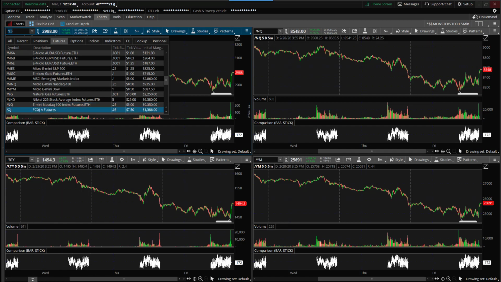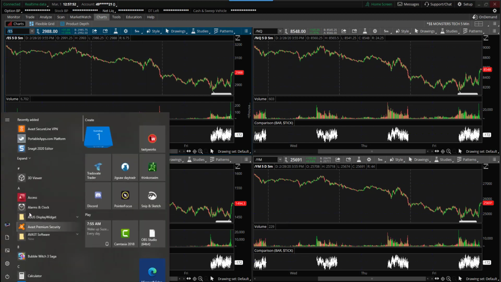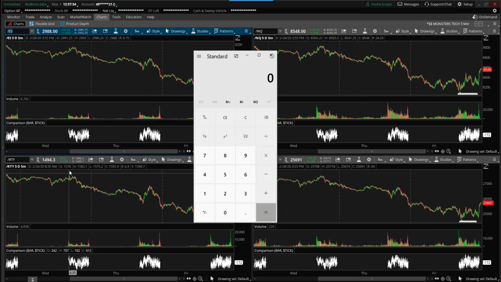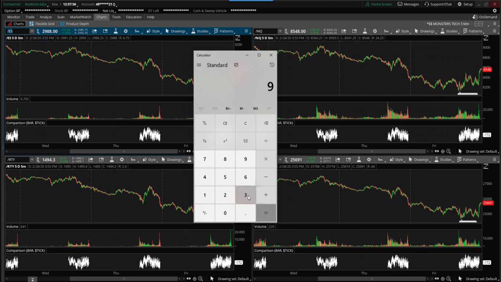So what we would do to determine that, we could just bring up the calculator and we could take that $9,300 and divide that by 4, and we would need 1/4 of that, so $2,325 to trade one contract. That would be the required buying power.